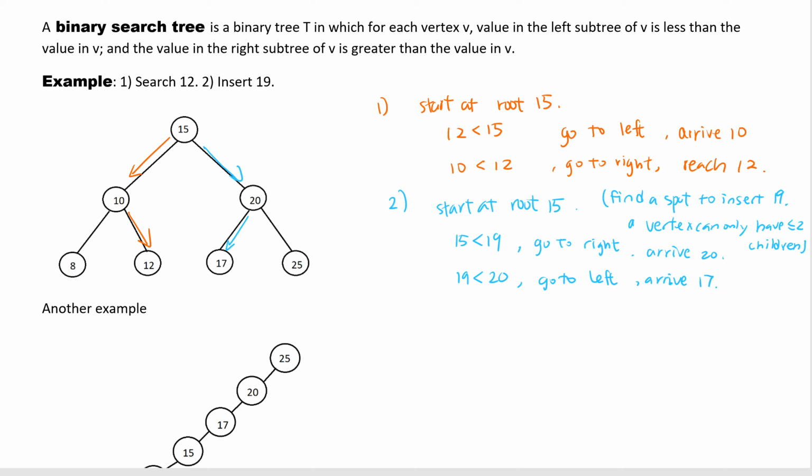And then 17 is less than 19, so we should insert 19 as the right child of 17. So far, so good, everybody. So let's continue.